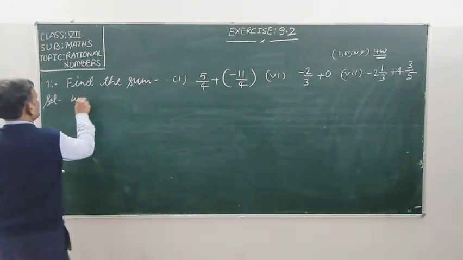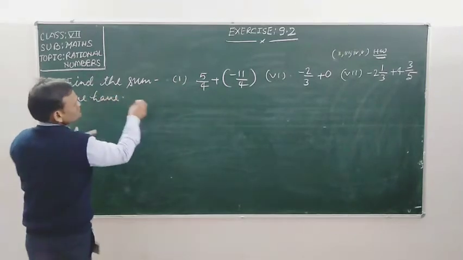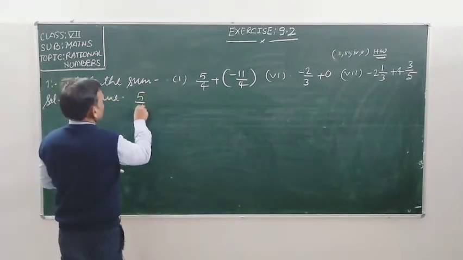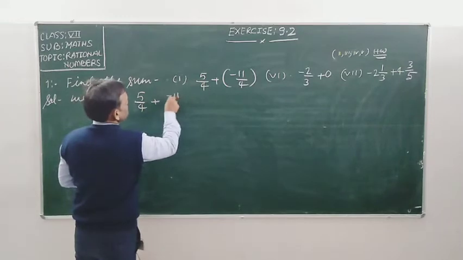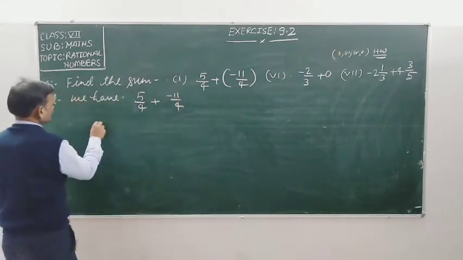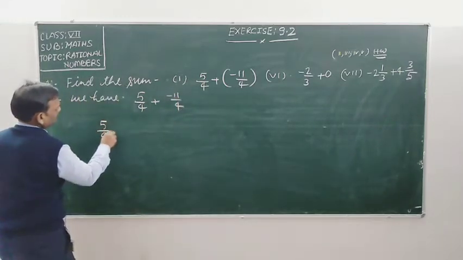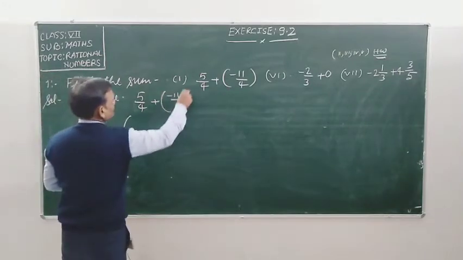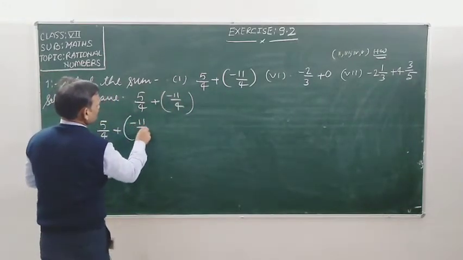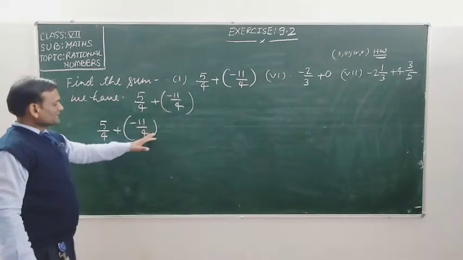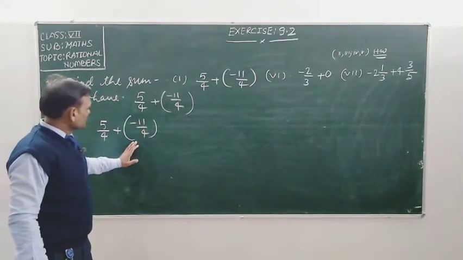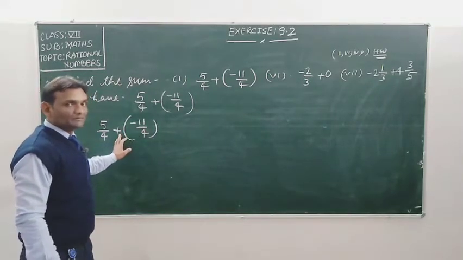So student, the question given is 5/4 plus minus 11/4. The bracket is created here because two signs we can't write together without a bracket.